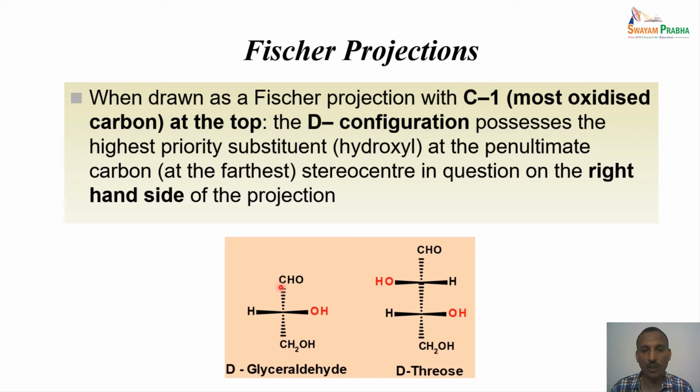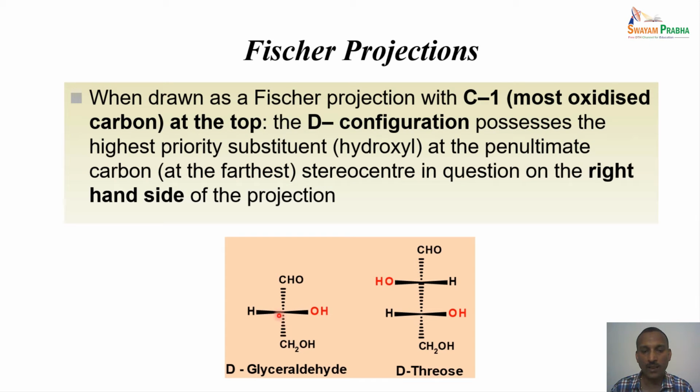Then all the other groups are written in this molecule. And when we have to identify the D and L projection, we have to look at the last but one carbon, or the one farthest from the top. In this particular case, we have only 3 carbons, so we have to look at the second carbon.